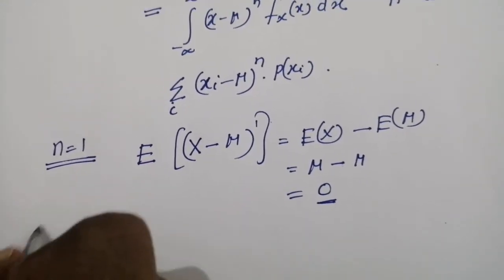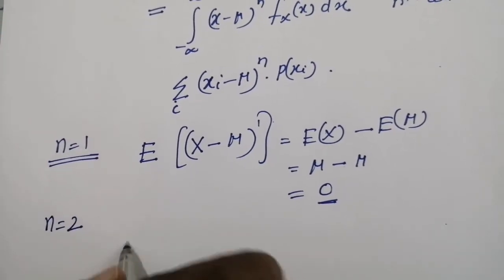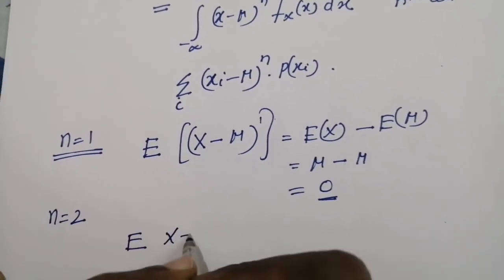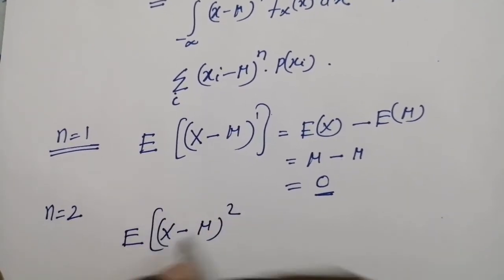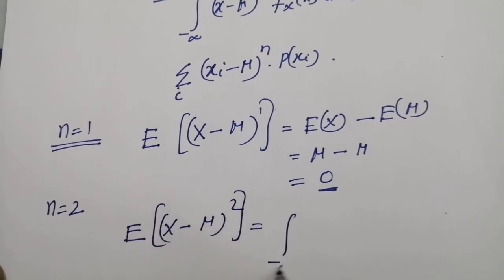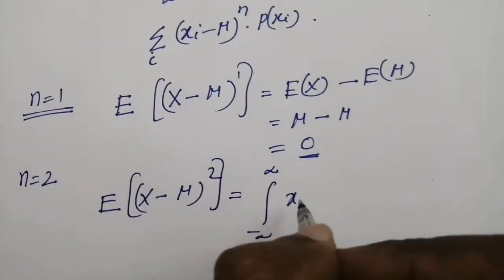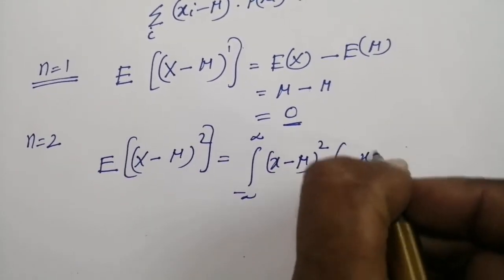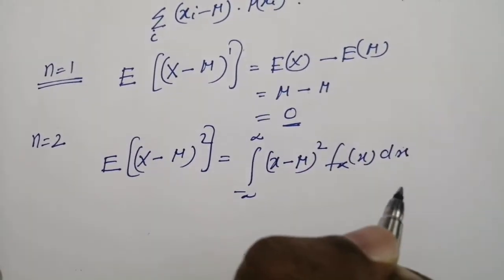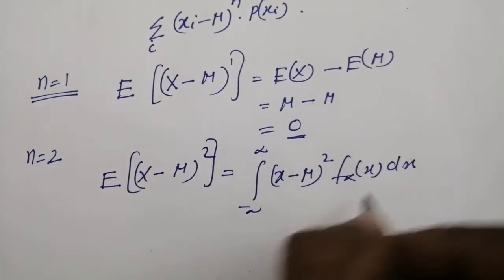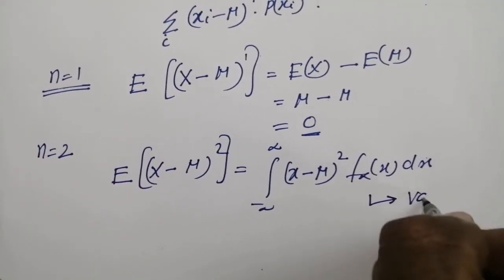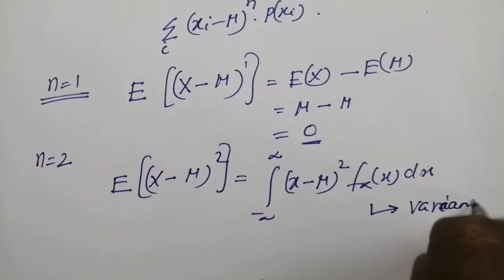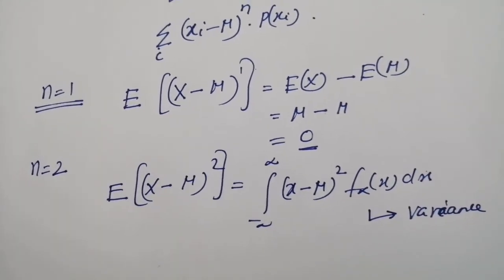Now what about n equal to 2? n equal to 2 is the expectation of (x minus mu) square. So this will be equal to the integral from minus infinity to plus infinity of (x minus mu) the whole square times f_X(x) dx. This we will call the variance of the random variable x.